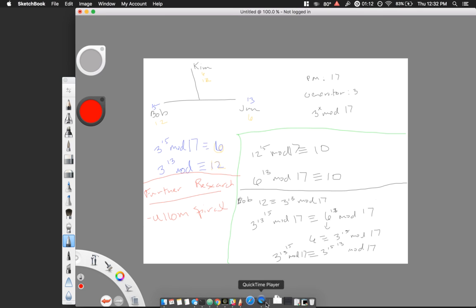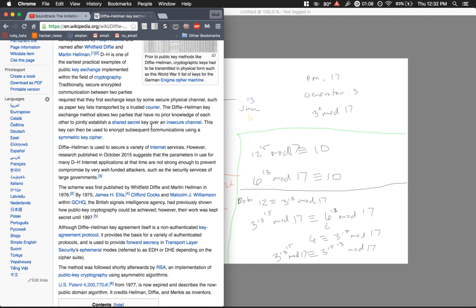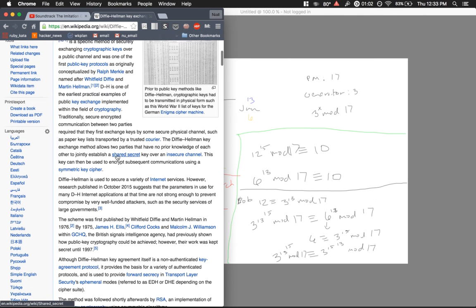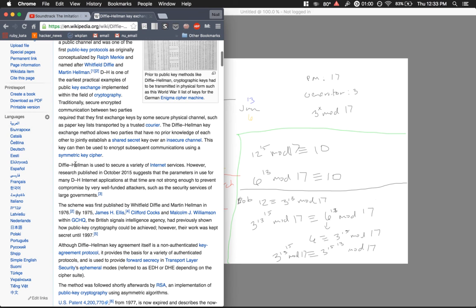Next, I would suggest heading over to the Wikipedia page, and I read here that, do I have enough time? Yeah, I have about a minute. I read that Diffie-Hellman is used to secure a variety of internet services.